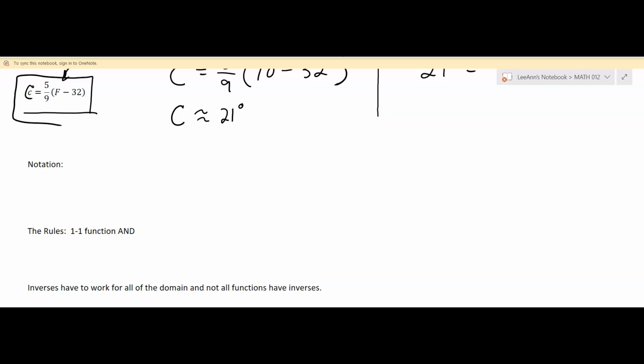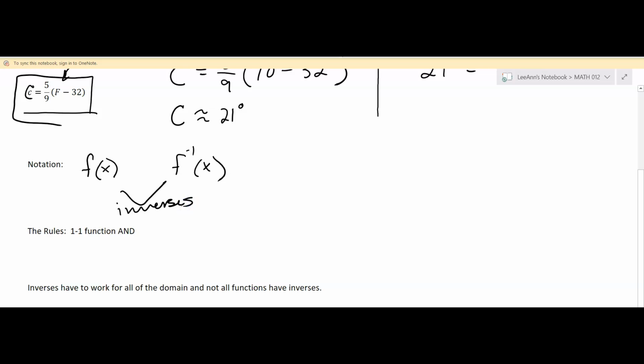Notation. There's specific notation that goes with an inverse. A function could be called f of x, but the inverse of that function would be f inverse of x. So these two are inverses by notation.